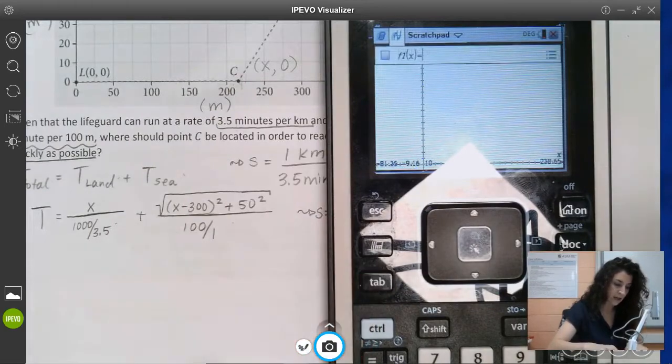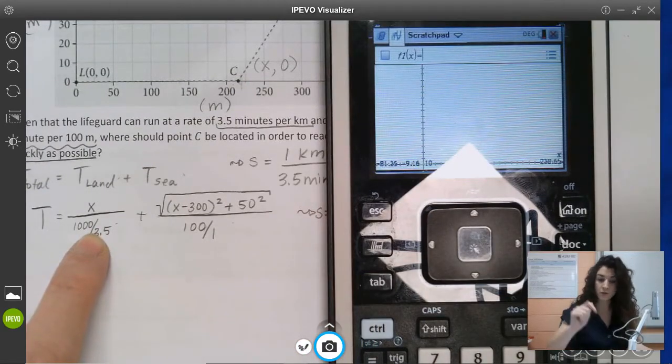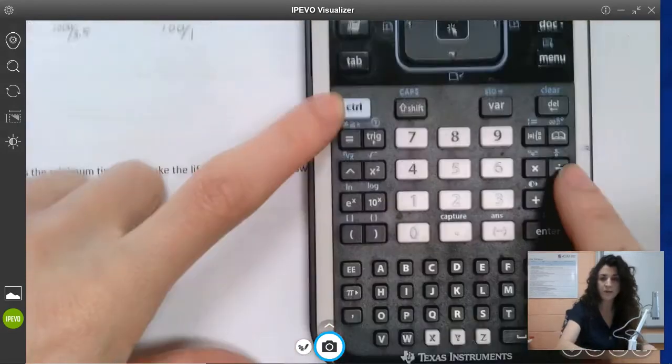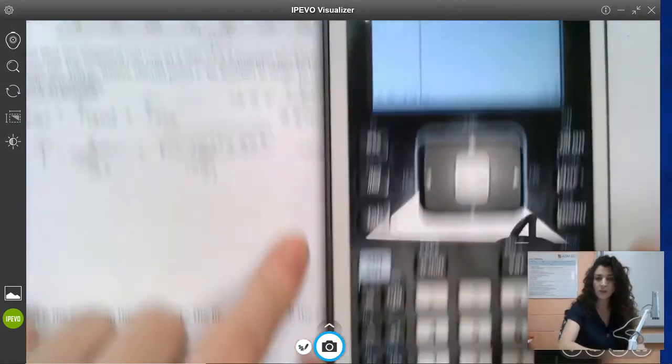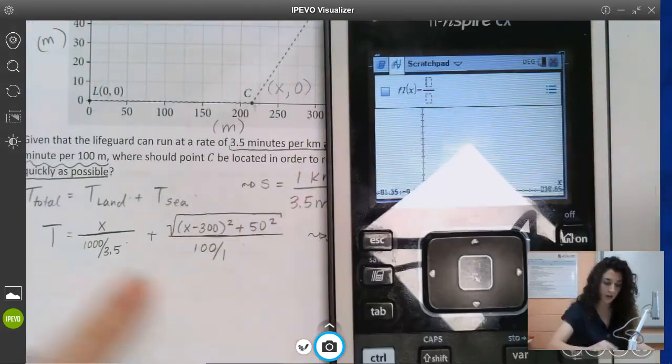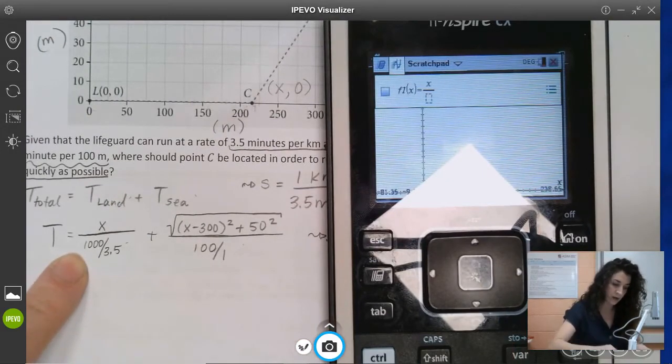Because I've got a lot of fractions within fractions, I'm going to hit Control Divide, which then creates this fraction already. So I can just keep track of what's going on. I don't have to be caught up on parentheses.